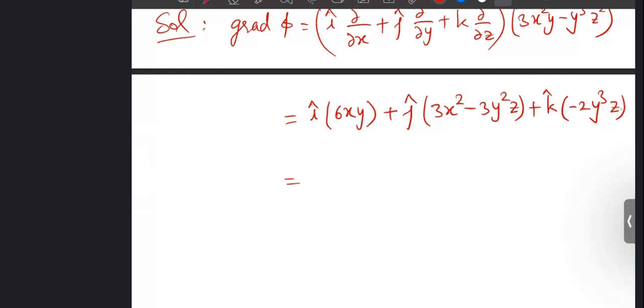So 6 into -2, that is -12i, then j: 3 into 1, -2 whole square is 4, 4 threes are 12, into -1 it becomes plus, so it becomes -9j, and then y is -2 whole cube, again it becomes minus, and z is again minus, so we get three times the minus, it will be minus, and 16k at the point (1, -2, -1).